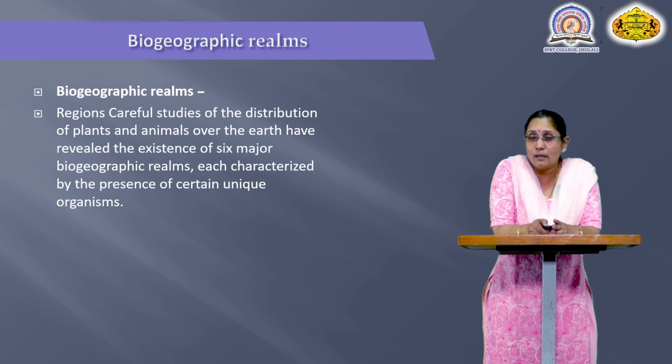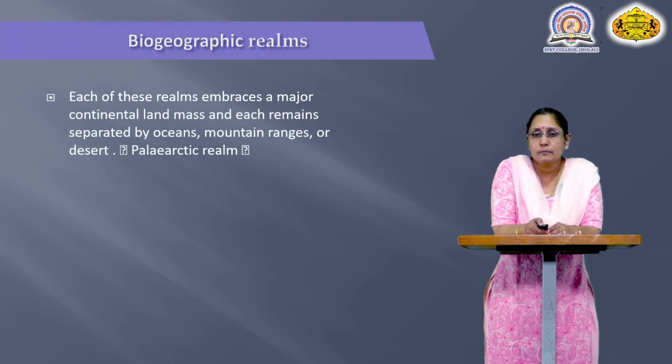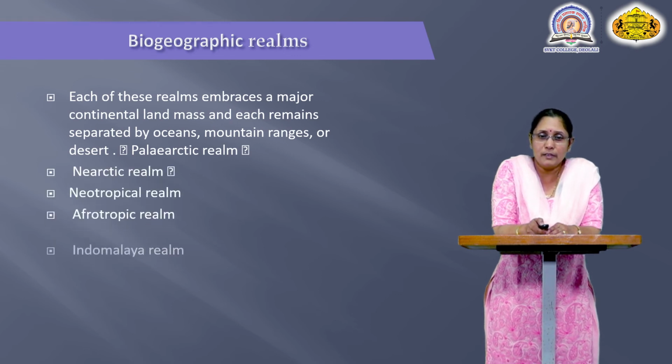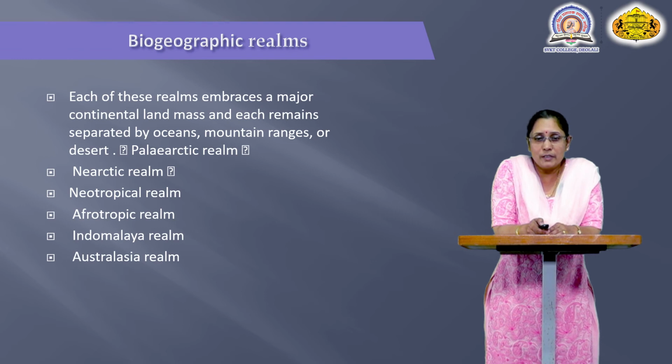As I said, as per the availability of nutrients and abiotic factors, unique organisms can be experienced. These are the 6 different types of biogeographic realms: the Nearctic realm, Neotropical, then Afrotropical, then Indomalaya or Australia, etc.